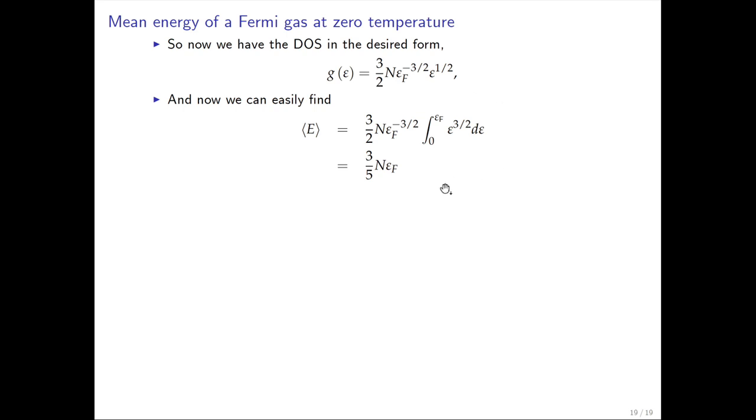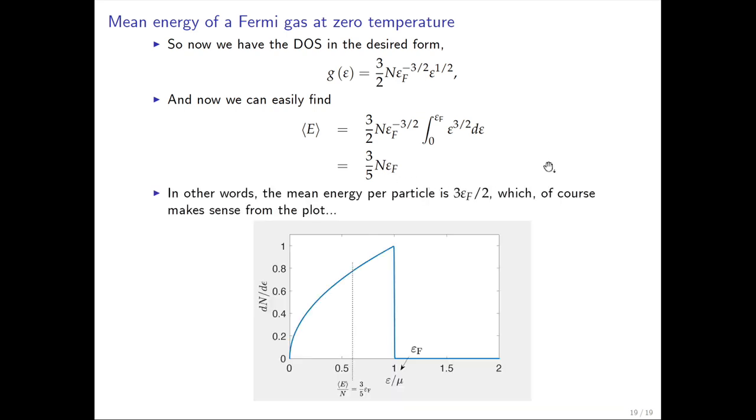Okay. And so, we think about this. Does this make sense? Well, yeah, it makes sense because the mean energy per particle is basically, oh, I made a mistake here. Mean energy per particle, I divide by N. Sorry, that should be a 5. I'm just dividing this. So the mean energy per particle is 3/5 the Fermi energy.